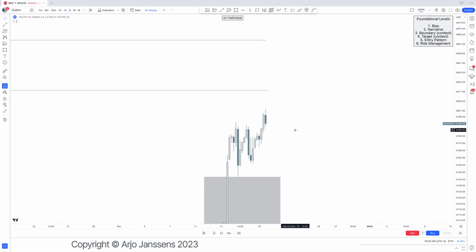And this is where the 4 hour and below comes into play. Where are those time frames guiding us to? Are the fair value gaps pointing higher, pointing lower? What is the overall market telling us right there where we actually want to trade to first?